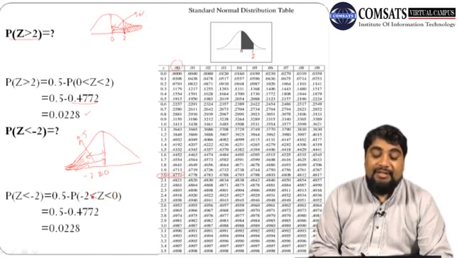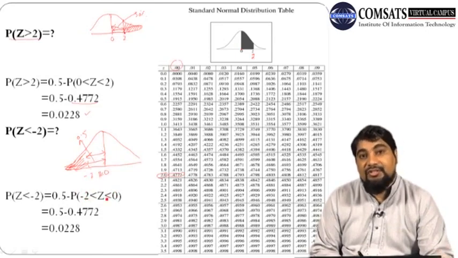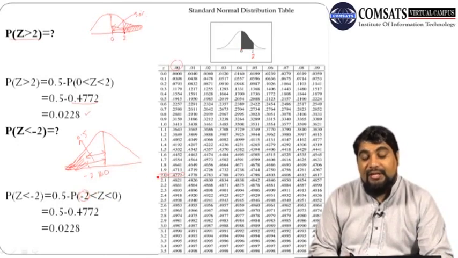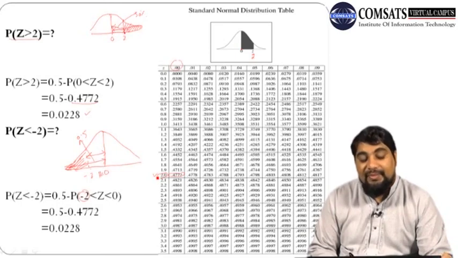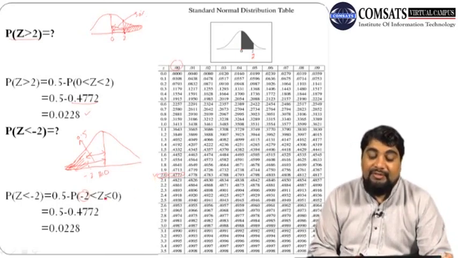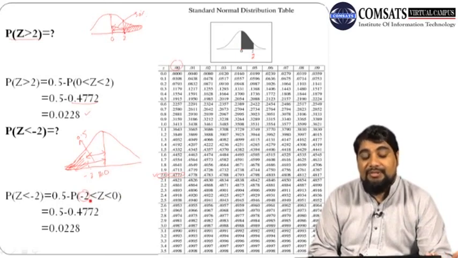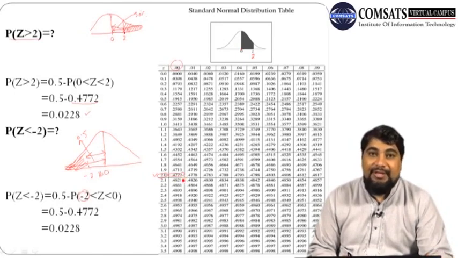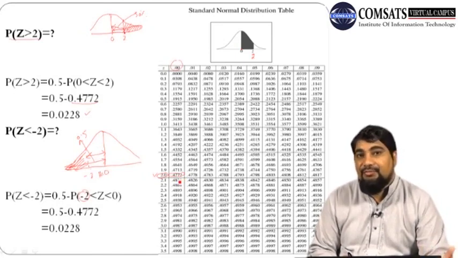In order to calculate the area between -2 and 0, since the distribution is symmetric, instead of looking up -2, you can just look at the plus 2 number. Just ignore the negative sign and look up the number with plus sign. So it is 0.4772. Why are we ignoring the minus sign? Because the distribution is symmetric.